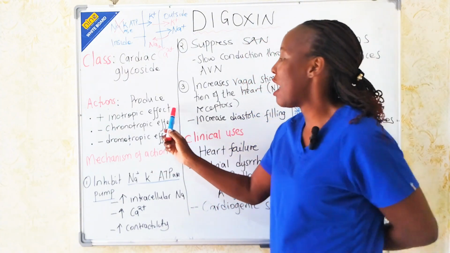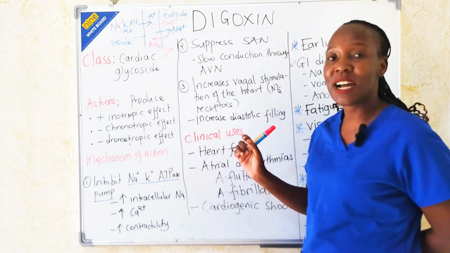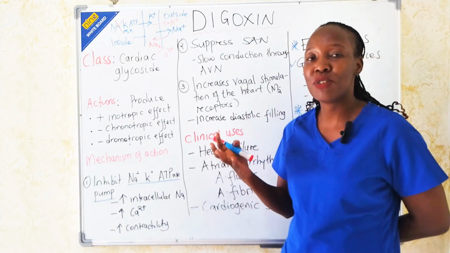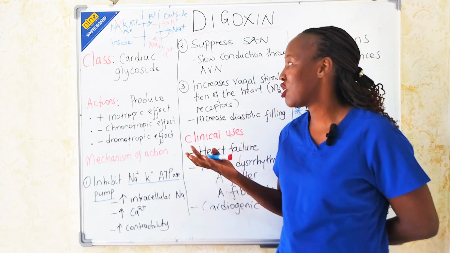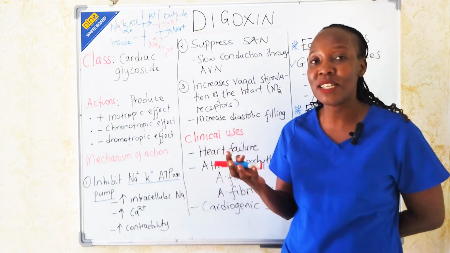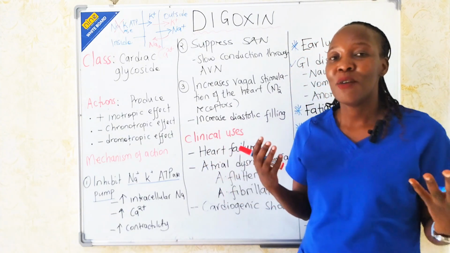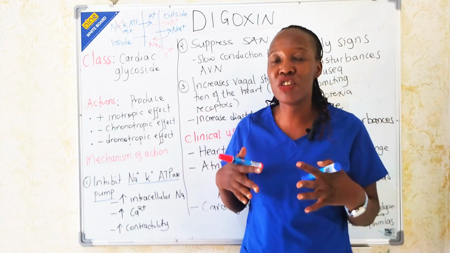Now, because we will have improved our cardiac output, we are going to have the critical organs receiving enough blood, and especially, for example, the kidneys are going to be better perfused. And if they're better perfused, we are going to have increased diuresis.